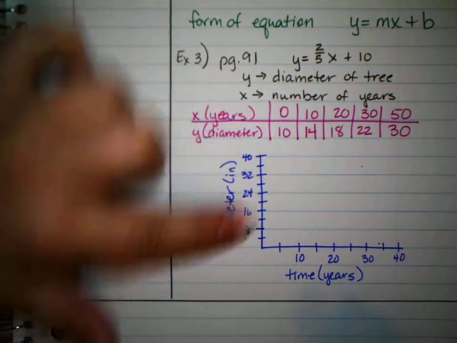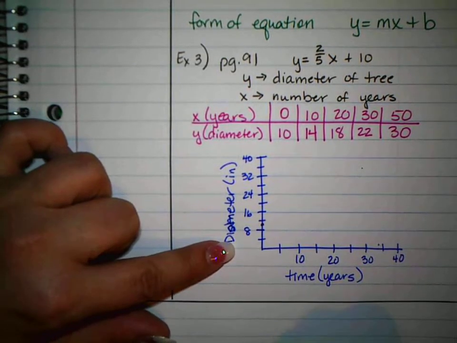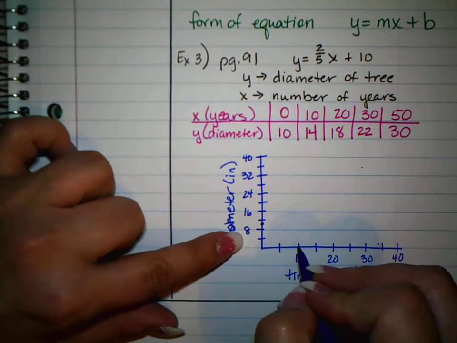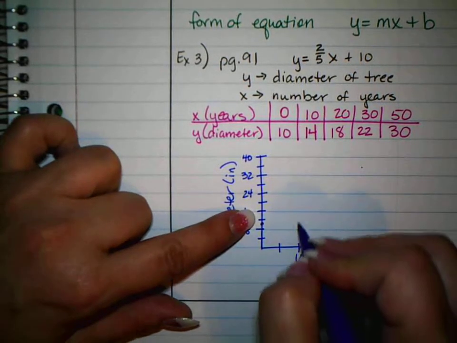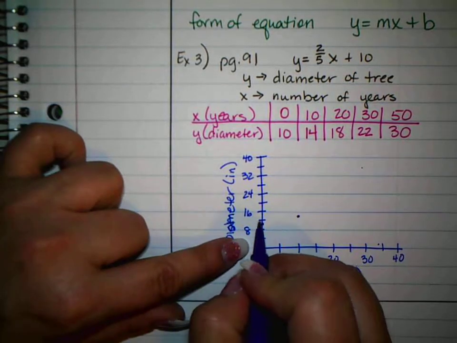So (0, 10) is my starting point. Then I need (10, 14). Remember, this is 8, that's 16, so that would be 4, that's 12.